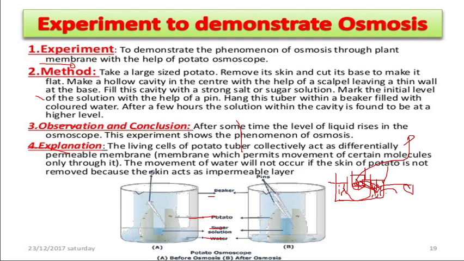Iso means equal. Hyper means higher. That is to say, it's a situation where there is higher concentration of water outside compared to inside. Hypo, lower concentration of water outside compared to inside. Equal, that is to say, there is equal concentration of water outside and inside.